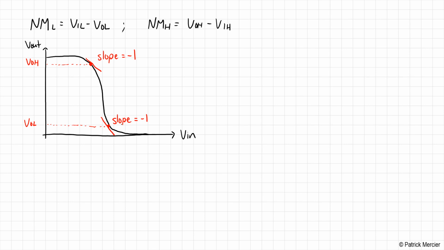And then we're going to drop down on the vertical axis over here and say that these points correspond to VIL and VIH. And so what we'd say is the region in here is the bad region.